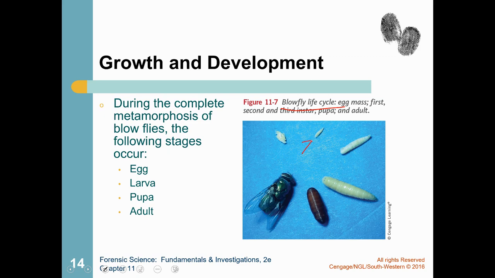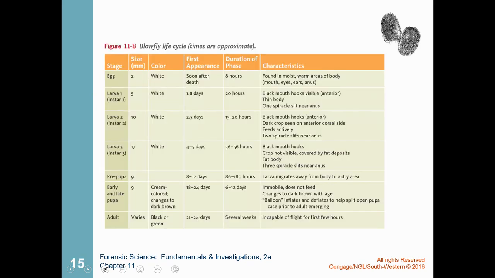So this is the life cycle of the blowfly, and then that just keeps going through. That's the complete metamorphosis, just like a caterpillar becomes a butterfly. That's another kind of metamorphosis. So this is the blowfly life cycle metamorphosis.